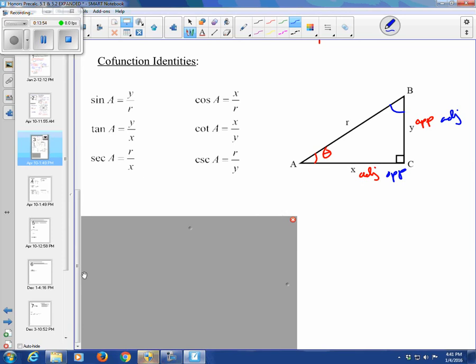So right here, we can say that sine of A equals y over r, but cosine of B also equals y over r. Similarly, if we look at cosine of A, that's x over r, but that's also sine of B. And if we go down, we can see this relationship with all of our co-trig functions. So tan of A is y over x.